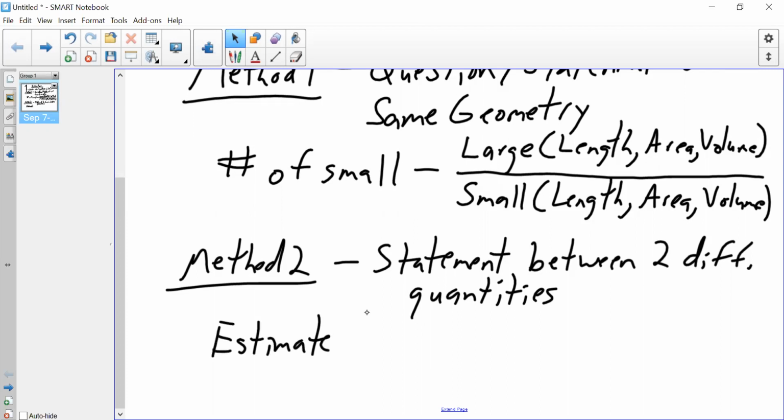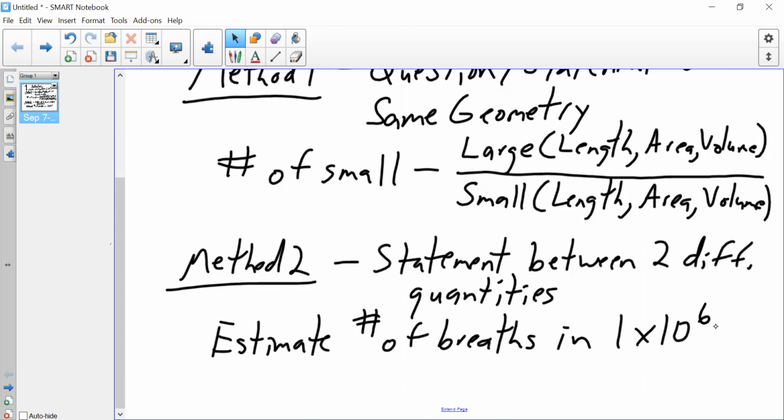So the example would be estimate number of breaths in 1 million years. And our example in the book was 70 years or 80. I'm going to extremize it a little bit. So the method here is start off with something that we know.